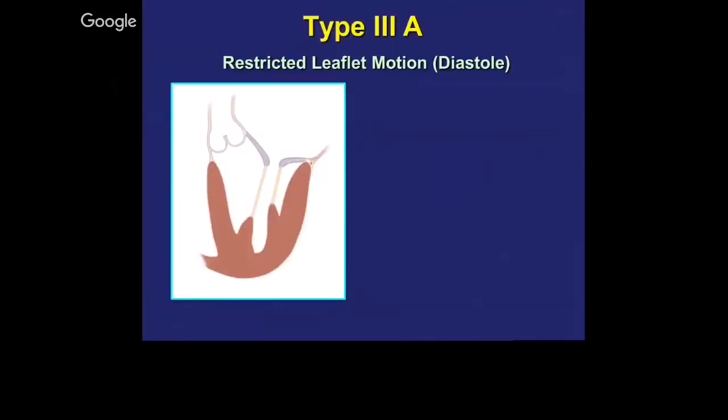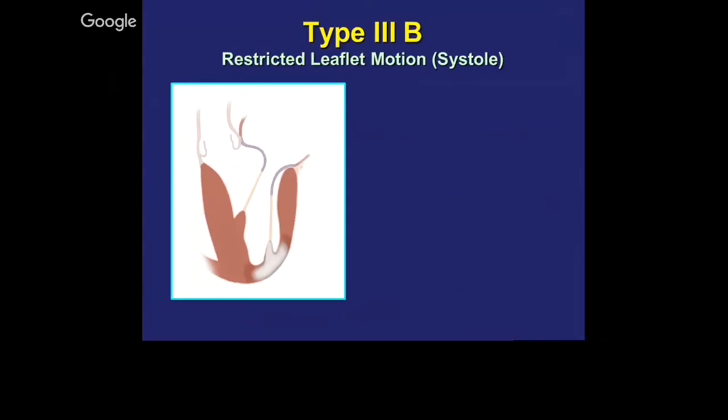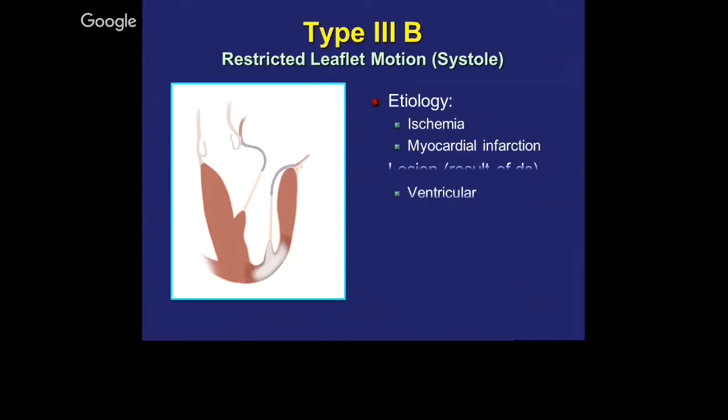Okay. So quickly, type 3A, like I said, there's restricted leaflet motion in diastole. So that's mostly mitral stenosis. I will talk about mitral stenosis later on as we go along, but you can have leaflet thickening, commissural fusion, and just a lot of calcification because of rheumatic valve disease. But I think type 3B is the other one that also causes restricted leaflet motion in systole, and that is mostly due to ischemic mitral regurgitation.